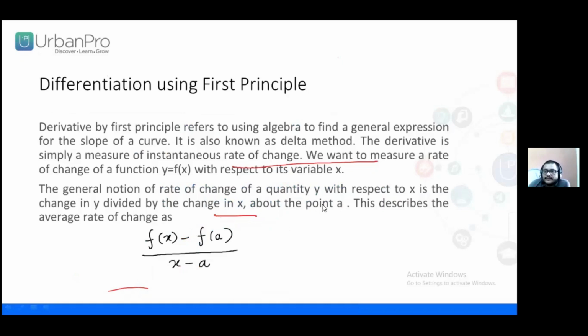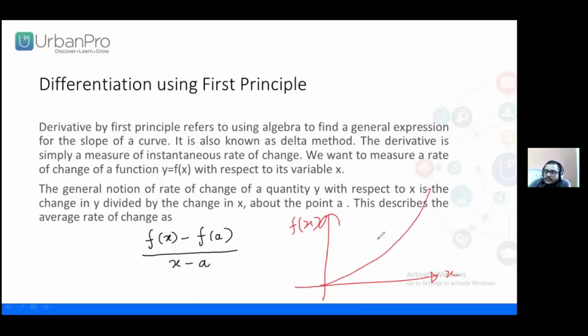differentiation using first principle. Here a function is changing. This is the independent variable x and this is the function f(x). If a function is changing this way, we can find the value of the function at different instants. Suppose we have selected this duration of the independent variable.